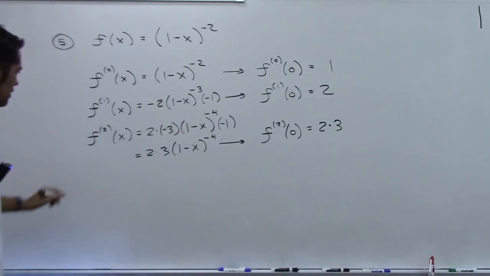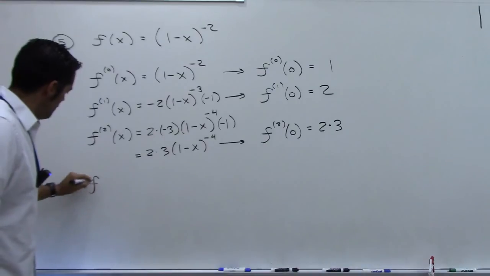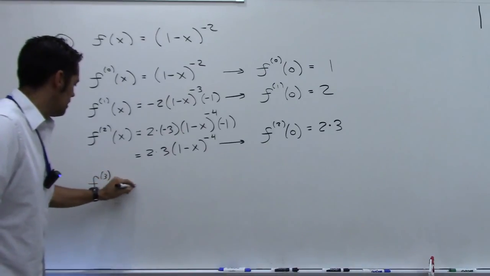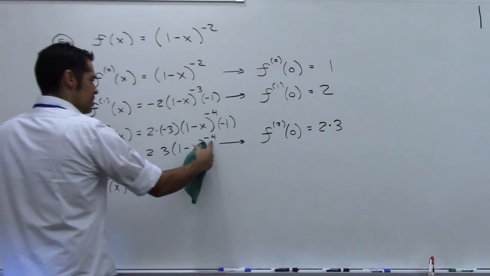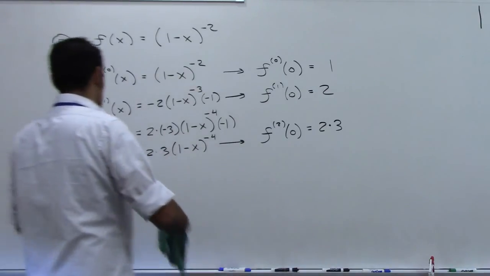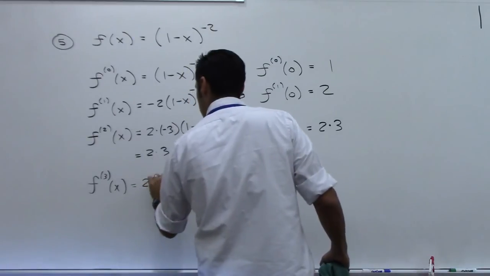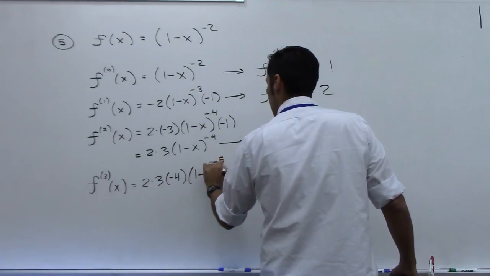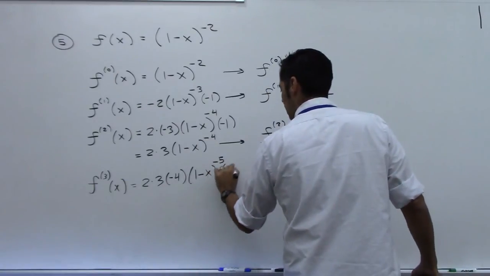And then we take the third derivative. The third derivative at x: now bring this negative 4 out here, and it'll be 2 times 3 times negative 4, then (1 minus x) to the negative 5, but then with the chain rule, the derivative of the inside is negative 1.